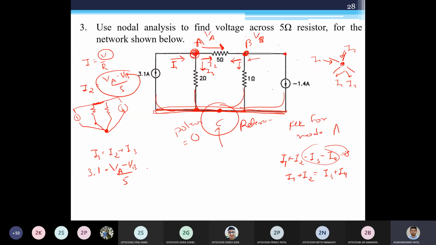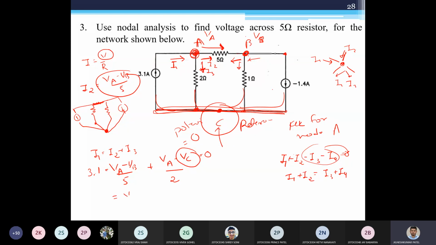Then I have to find I3. In the same way, I3 is appearing in this direction, so that equation would be VA minus VC. See, there is a node C here. So it is VA minus VC divided by 2. But as we have assumed that is the reference node, I can put VC equal to 0.